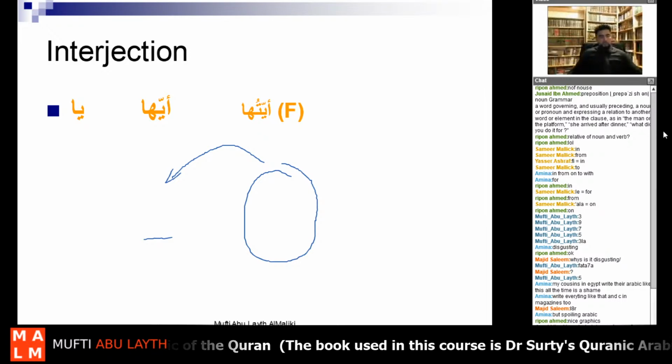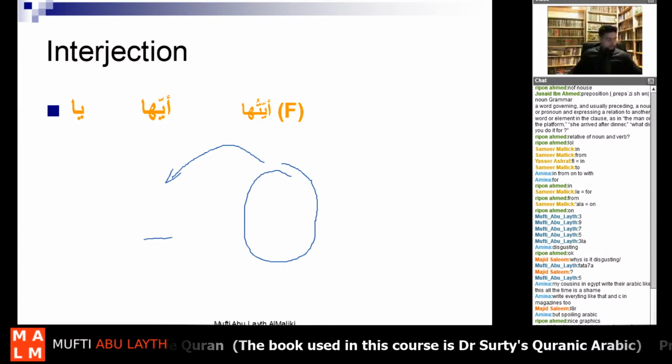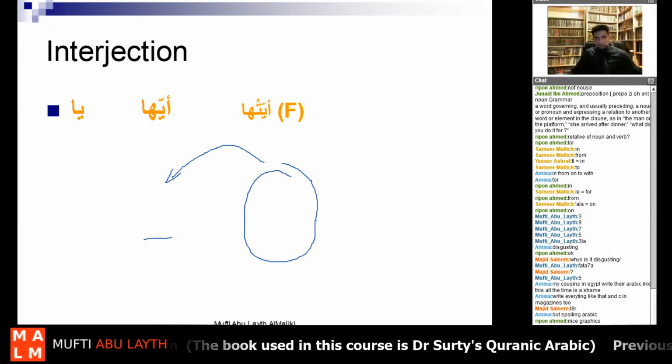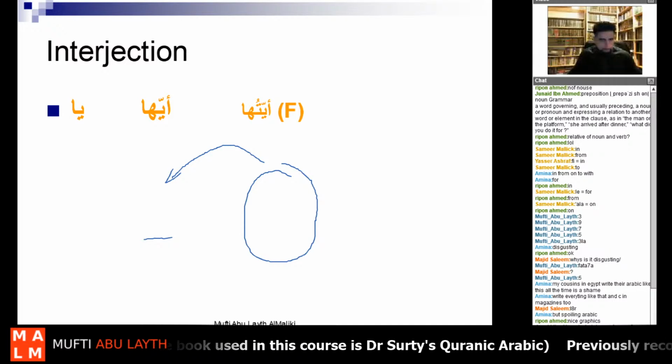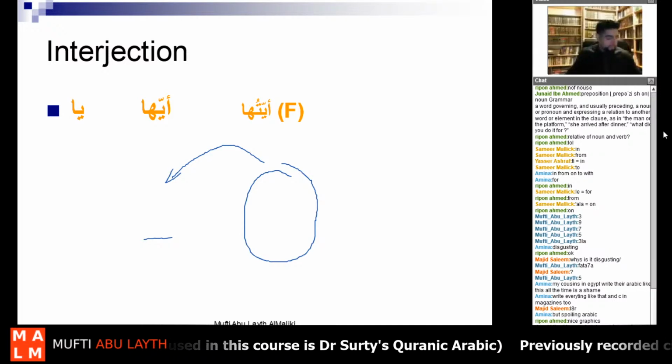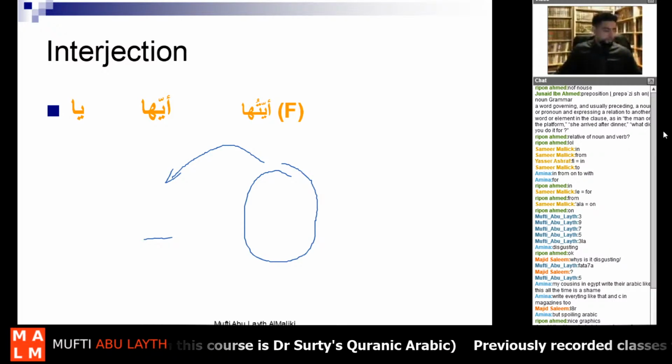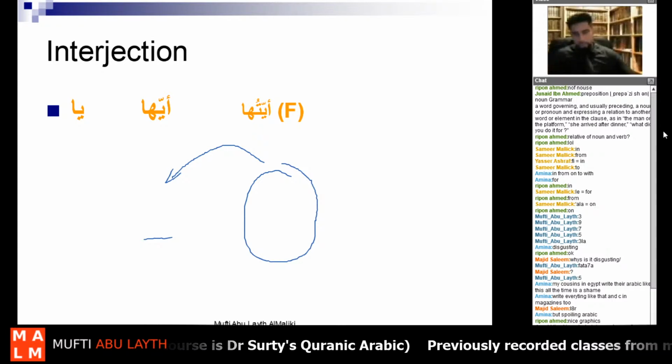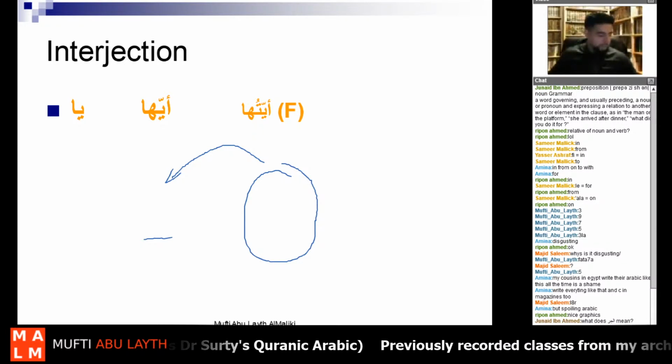I'd like you to choose the correct harf al-jar, the correct preposition, to place in there, and tell me what it will be.